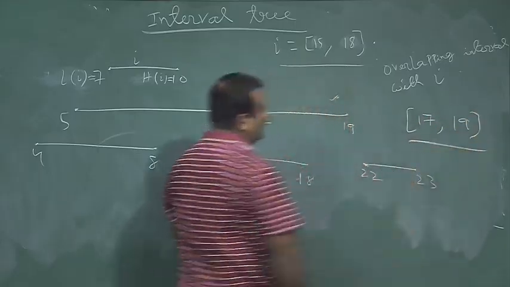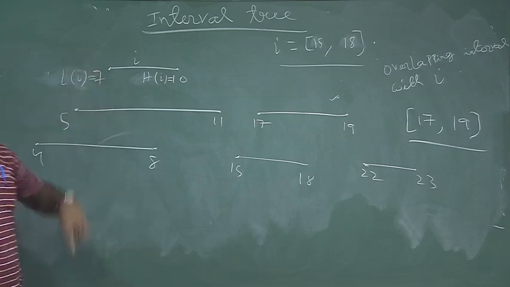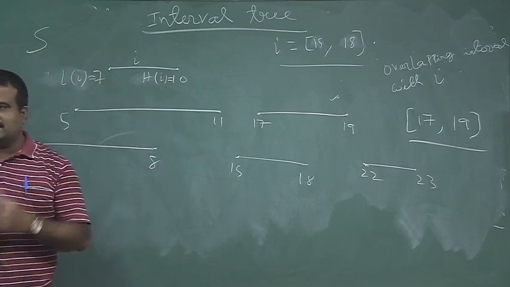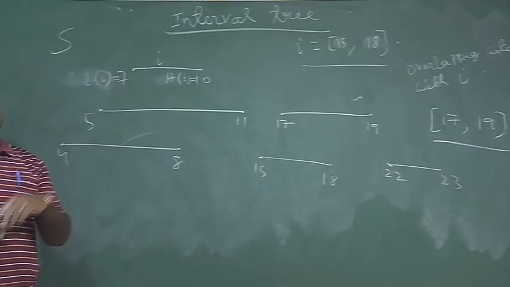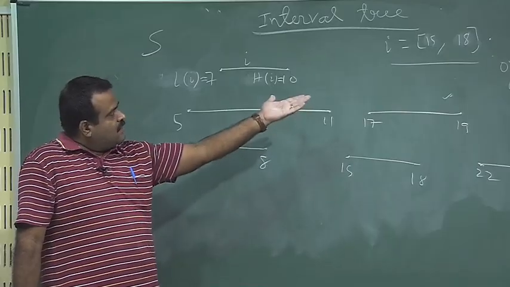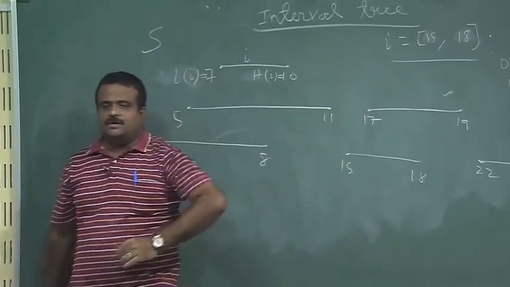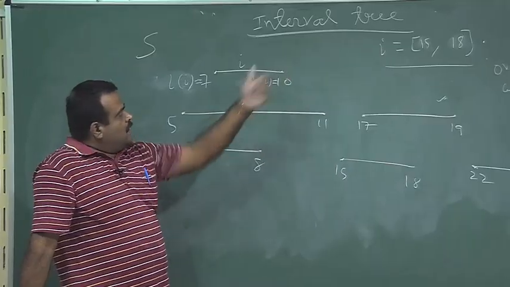And this is a dynamic set. We have a set of intervals, set S, with n intervals, and this set is dynamic. So, any interval can join at any point of time, any interval can get deleted at any point of time, and the query is: we are given a query interval, and we need to find an interval which overlaps with the query interval.